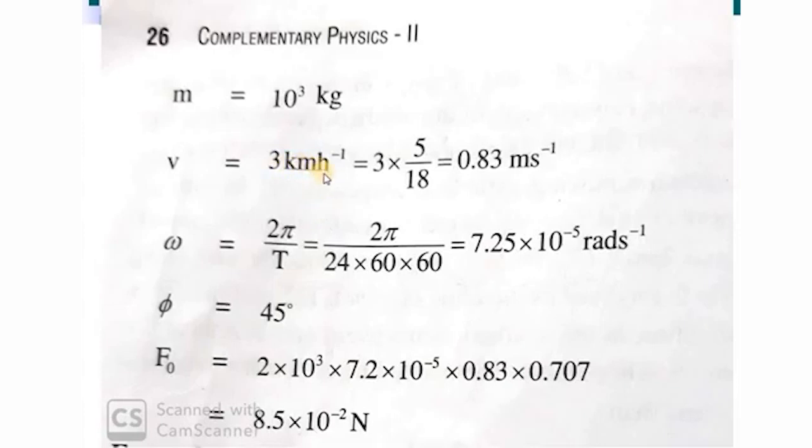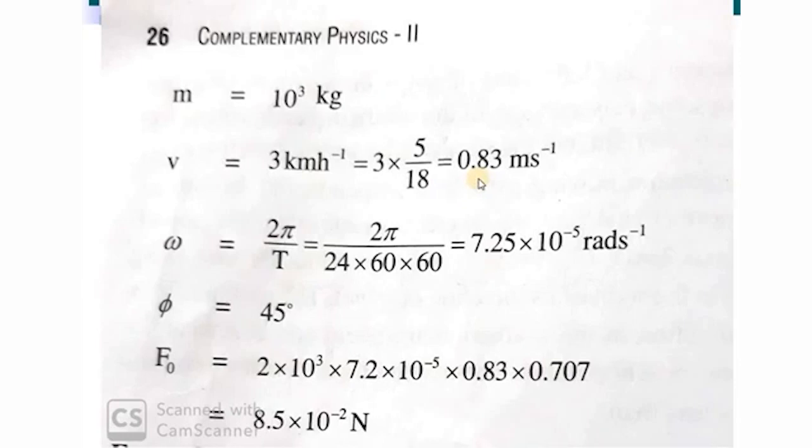That is 3 into 1000 divided by 60 into 60. So 3 km has to be converted to meter, that is 3000, and hour is to be converted to second. Every hour has 60 minutes, every minute there will be 60 seconds. So 3000 divided by 60 into 60, so your answer will be 0.83 meter per second.